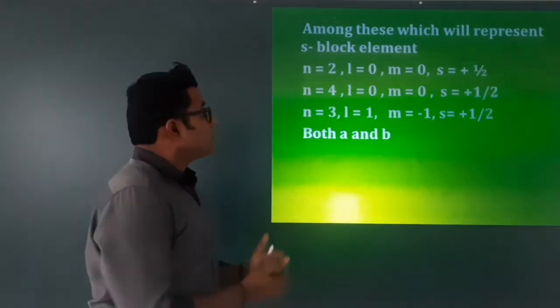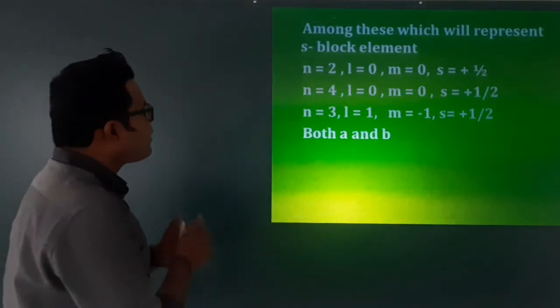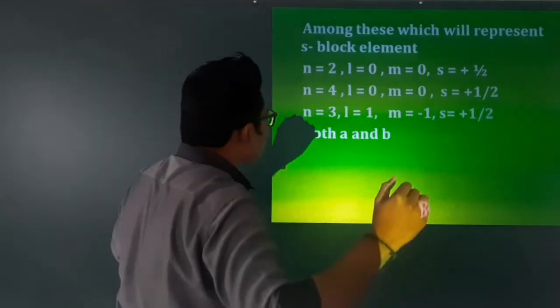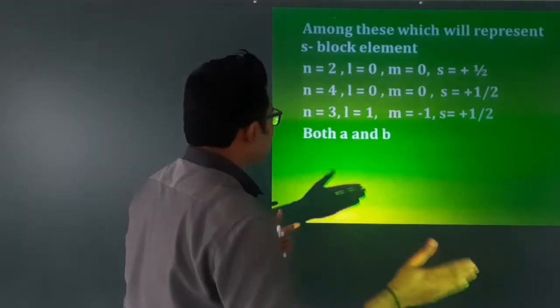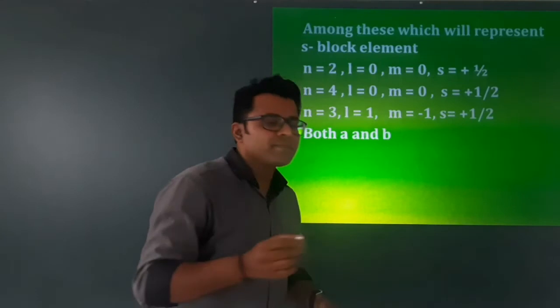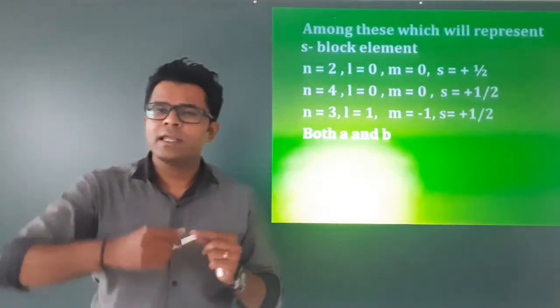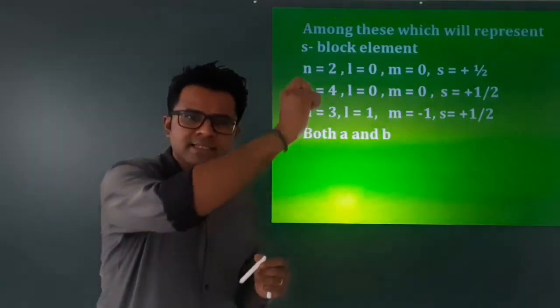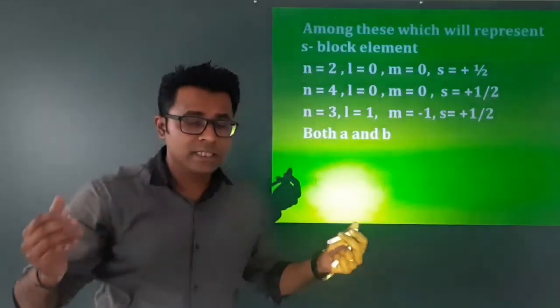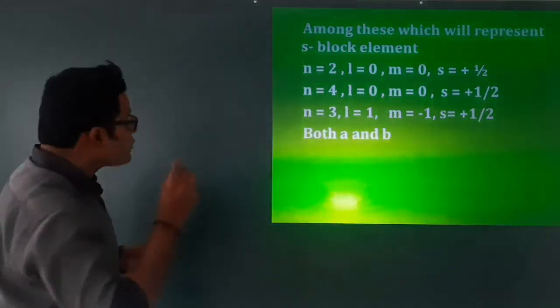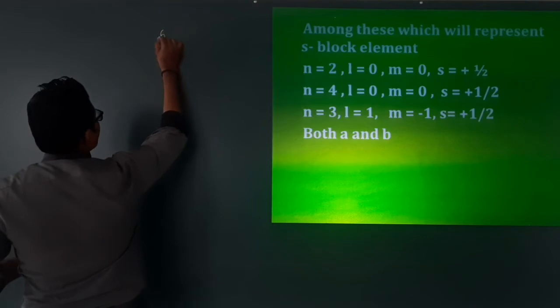Coming to question number 6. Among these, which one represents the s block element? In an s block element, the last electron enters into the s orbital or s subshell.